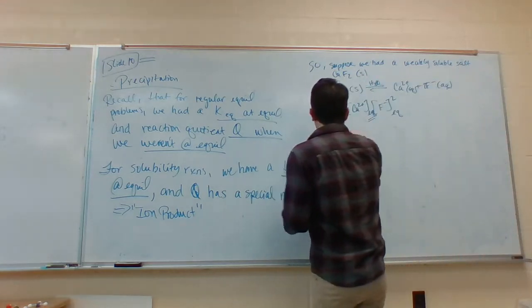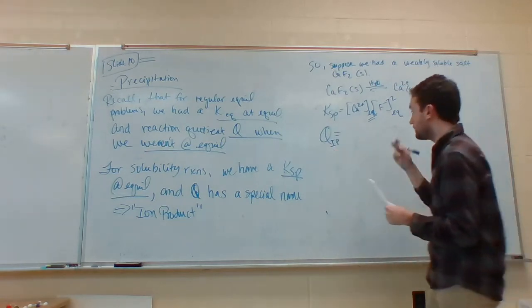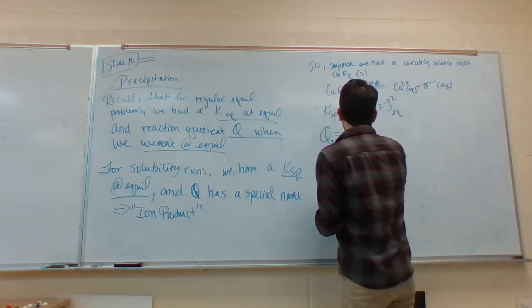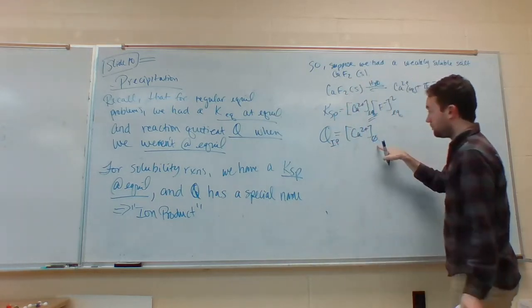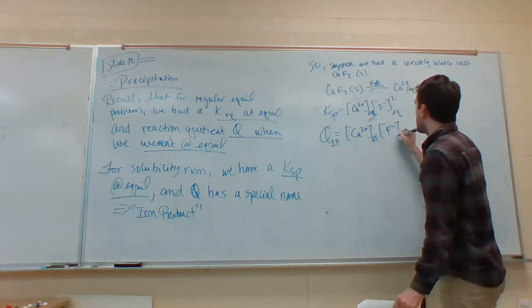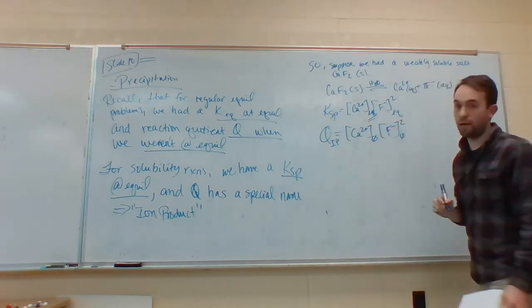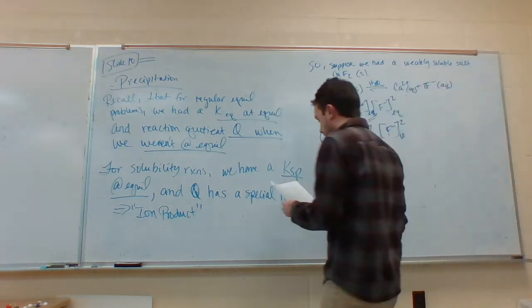It will also have an ion product, our Qip, equal to the calcium ion concentration initially times our fluoride ion concentration initially squared, again using our 2 from our stoichiometry.